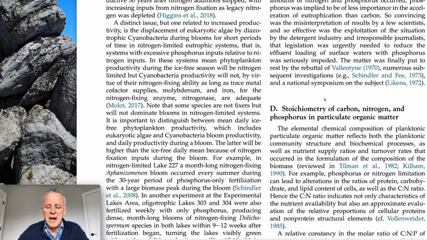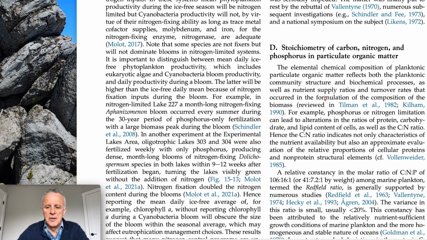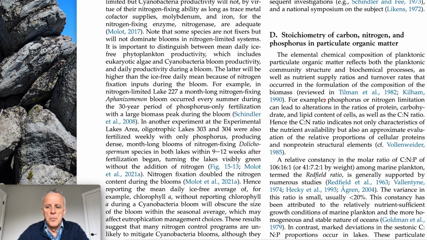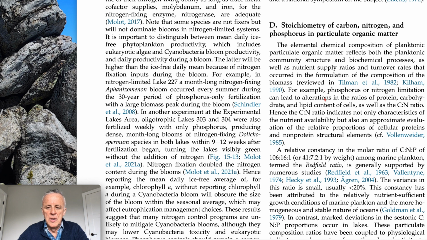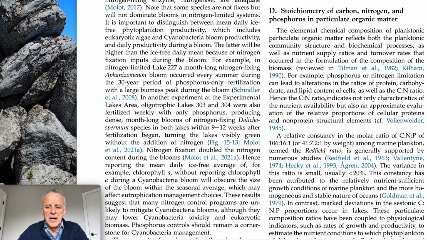particulate organic matter. The elemental chemical composition of planktonic particulate organic matter reflects both the planktonic community structure and biochemical processes, as well as nutrient supply ratios and turnover rates that occurred in the formulation of the composition of the biomass.